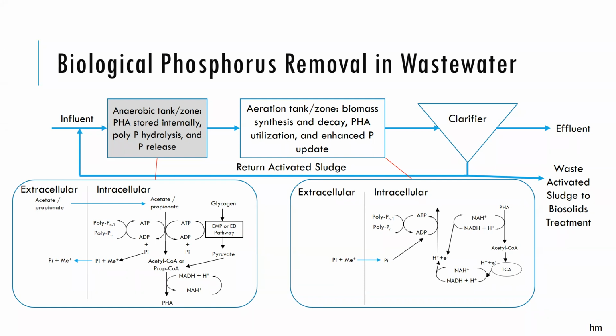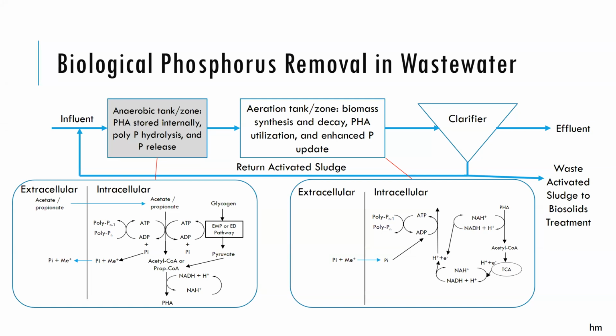And the biochemistry detail is really related to the fact that the organisms, the bio-P bugs, will release phosphorus because they need to access a source of energy, which is contained in energy-rich phosphorus bonds.